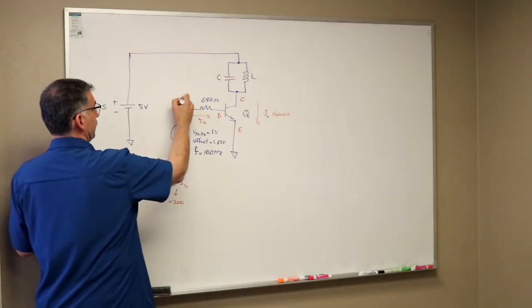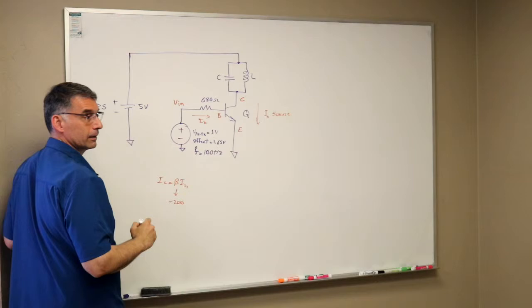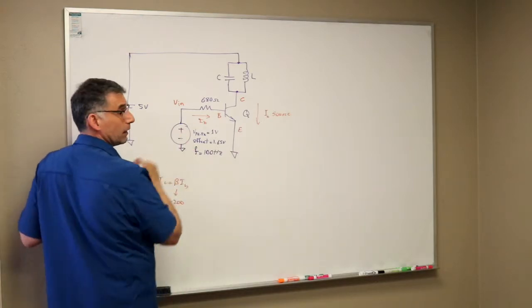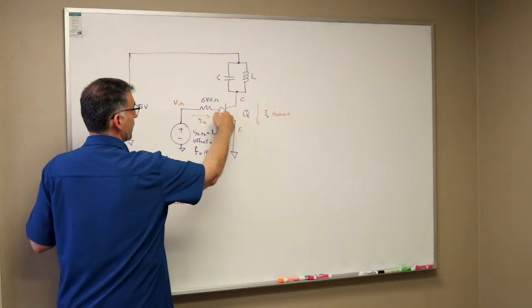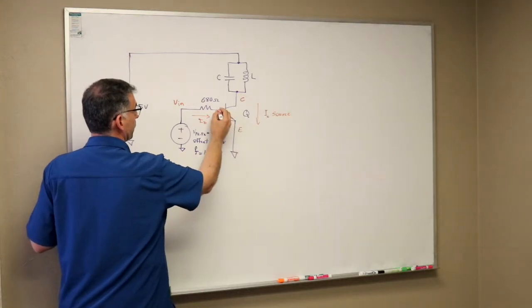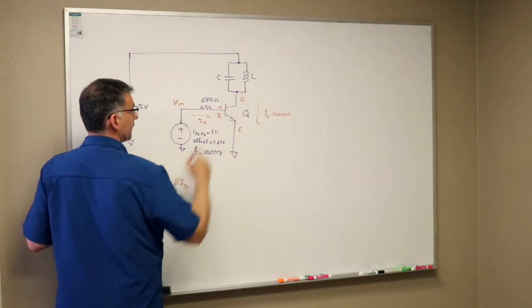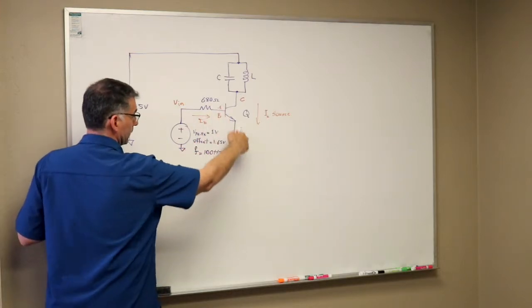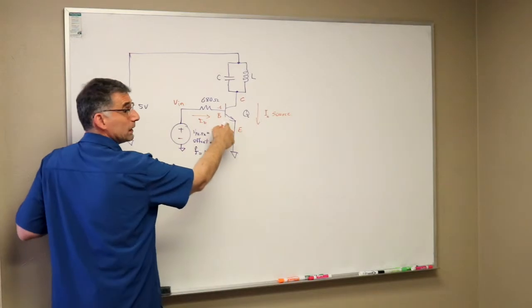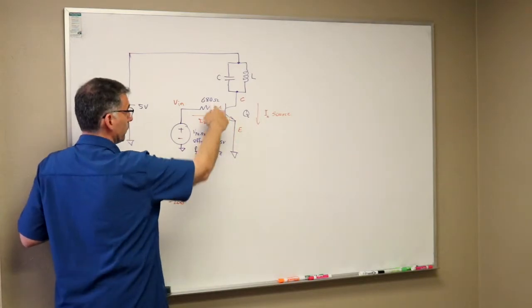Well, if this is your Vin, right? Across the resistor. And remember, this point always sits at around 0.6 to 0.7, so let's say 0.6 above ground, because this is ground, right? This is one diode. So this is 0.6.